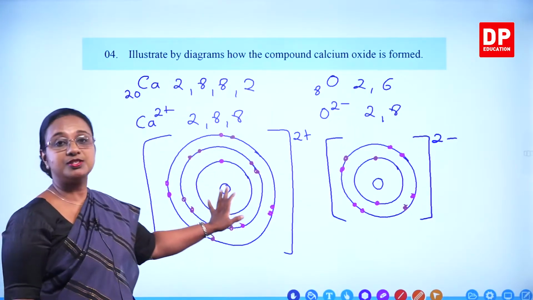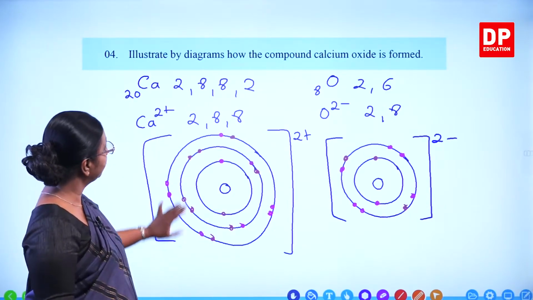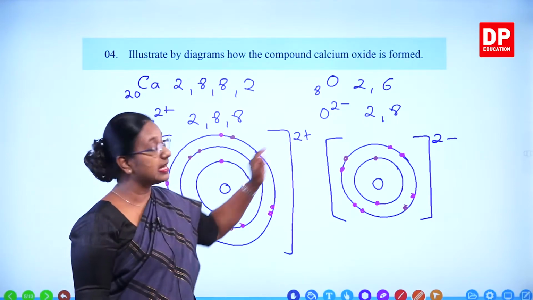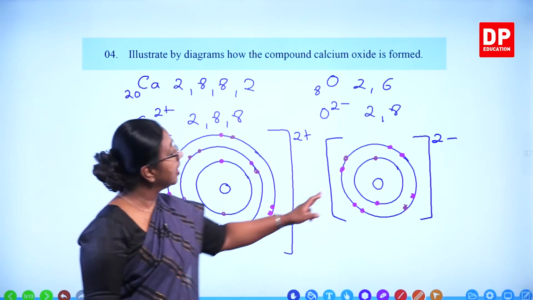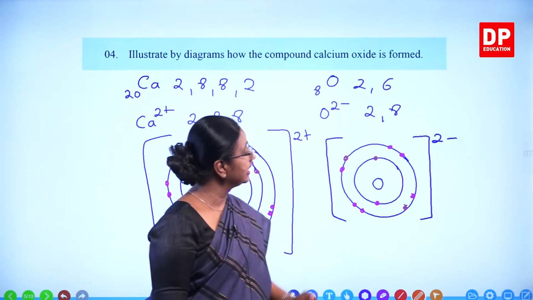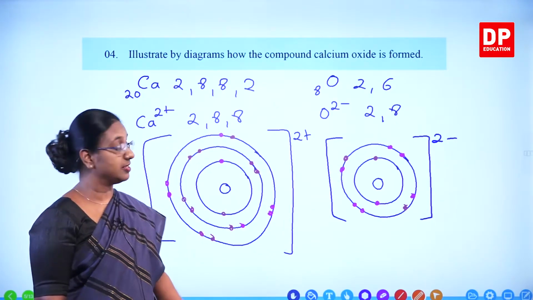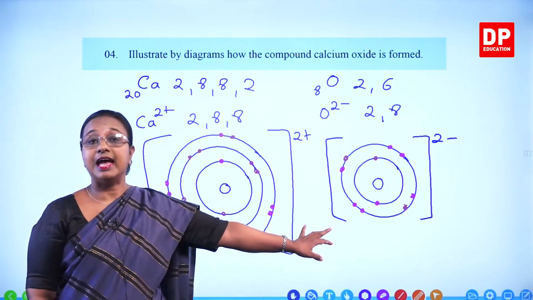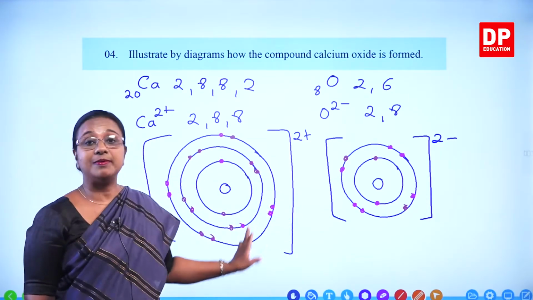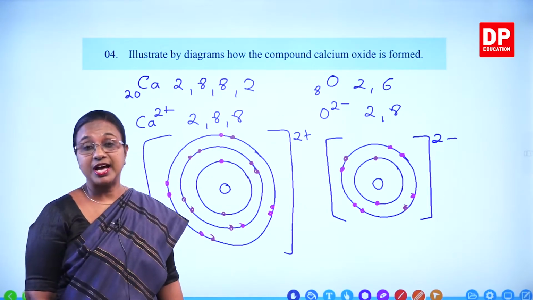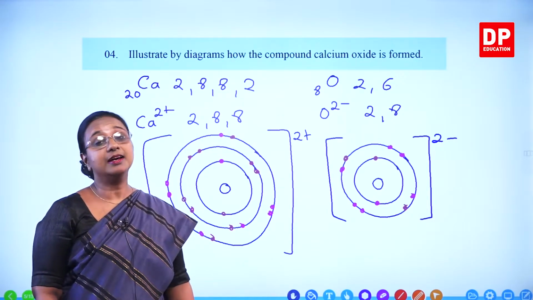So here can you all see, students? Calcium 2 plus 2, 8, 8. So 2, 8, 8 and it has 2 plus charges. Oxide 2, 8 is the electronic configuration that has 2 negative charges, the cation and the anion. And the attraction between the cation and the anion is the calcium oxide compound, an ionic compound.